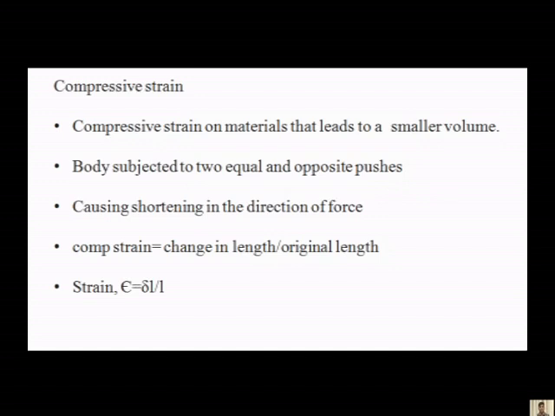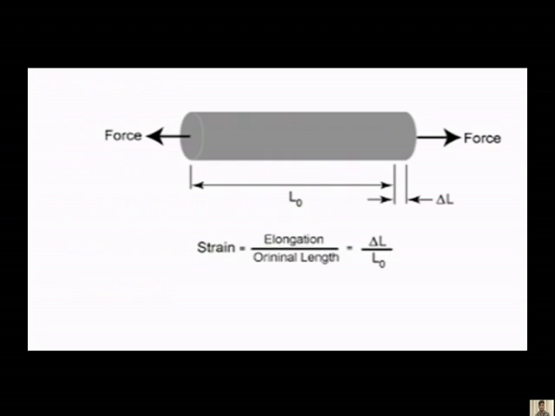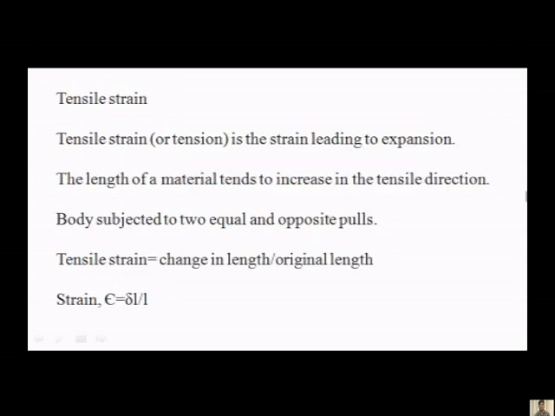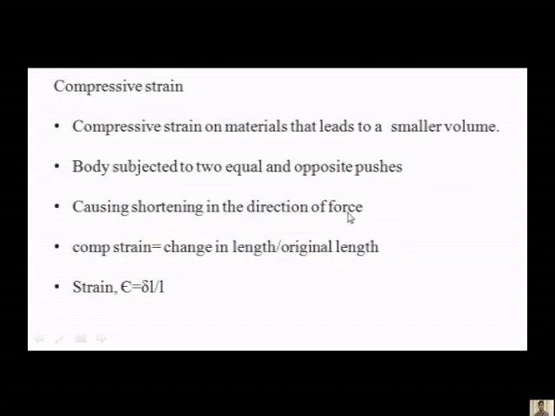Compressive strain. What is compressive strain? Compressive strain on a material leads to a smaller value. If you take a tensile strain, it leads to elongation or expansion. Compression leads to a smaller dimension, it compresses. When a body is subjected to two equal and opposite pushes, you can observe here, in tensile strain it is pull, and when you come to compressive strain, it is push, causing shortening in the direction of force.